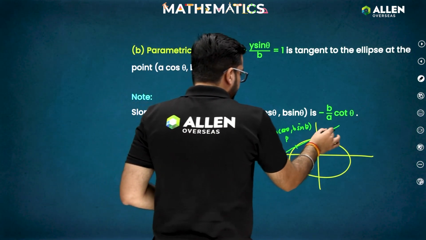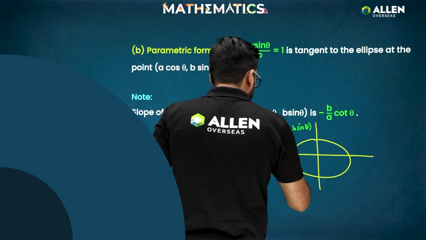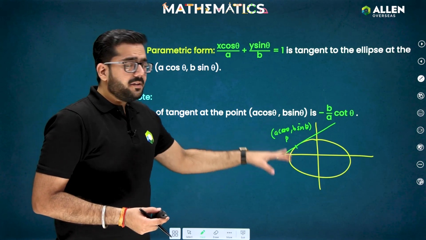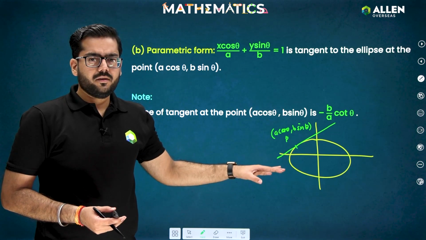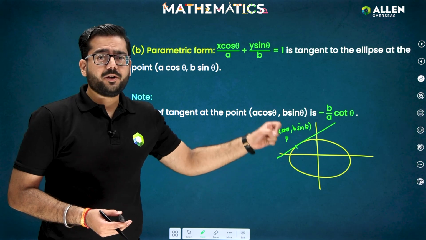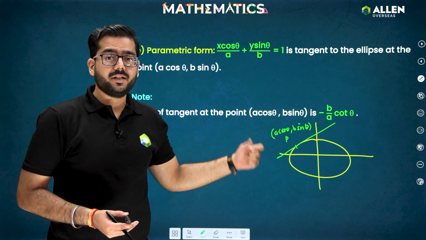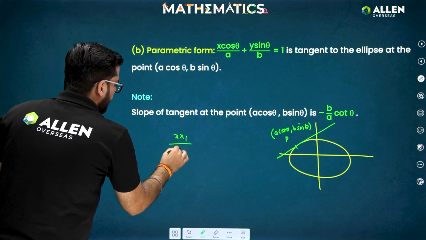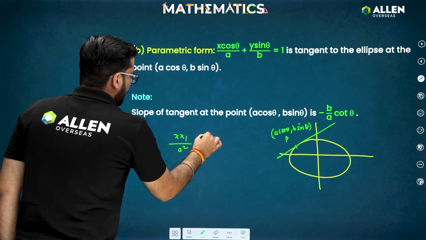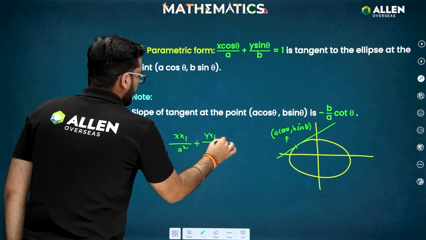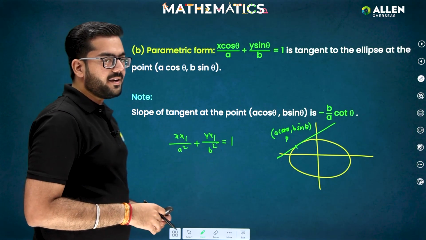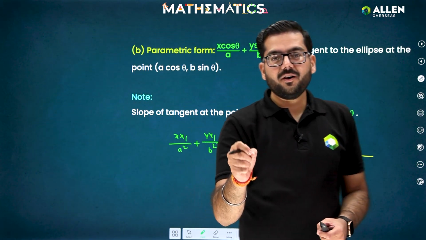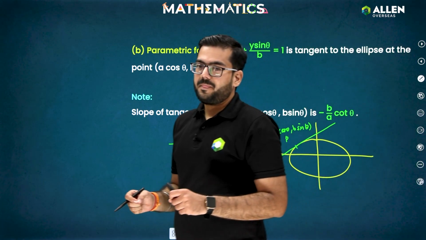So this equation of tangent you will get, which is simple. Again we are going to do the same work: x into x1 upon a square plus y into y1 upon b square, which we already covered in the previous one, point form. That is x x1 upon a square plus y y1 upon b square is equal to 1. Here I am going to replace x1 with a cos theta and y1 with b sin theta.